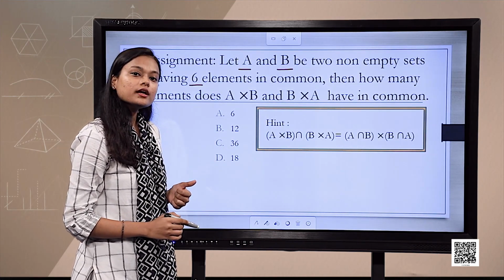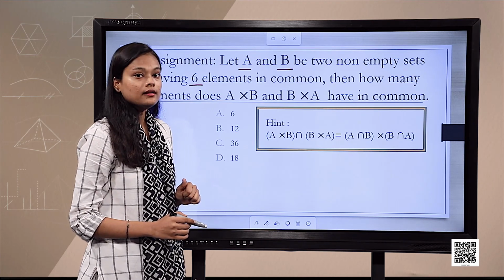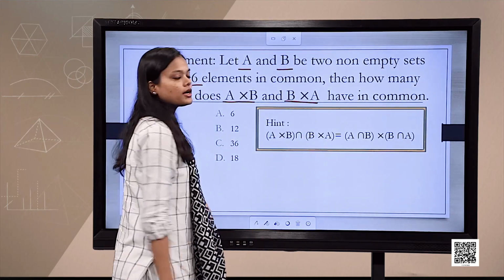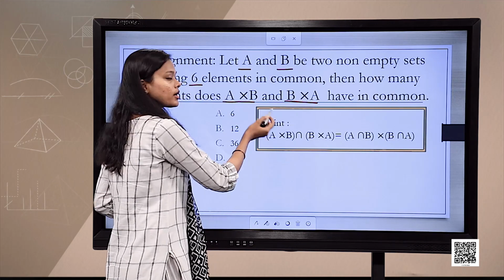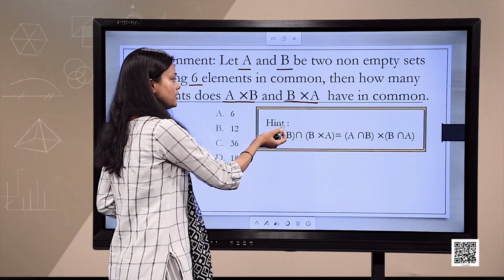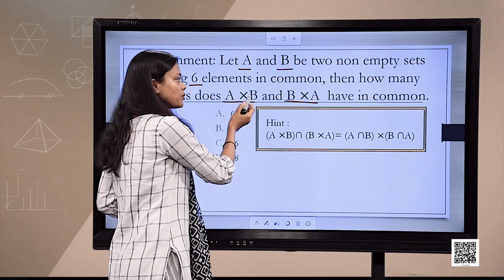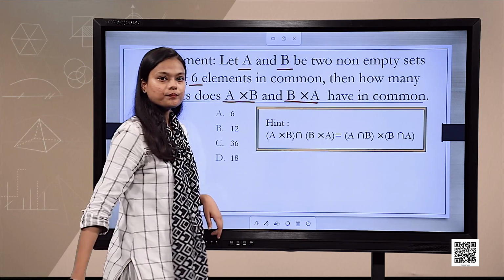And what we have to find? We have to find common elements in the Cartesian product of these two sets. That is, what are the common elements between the product of A with B and B with A. Okay?